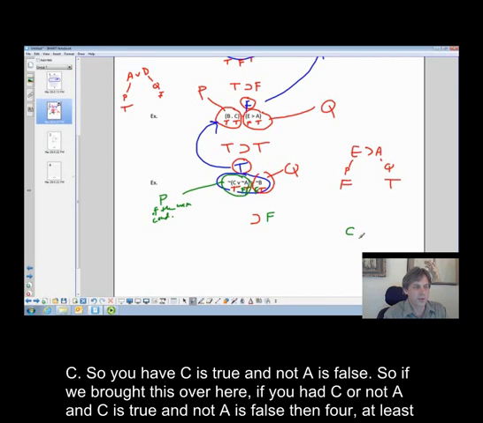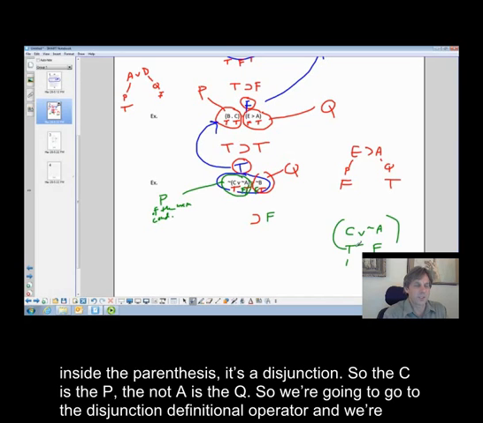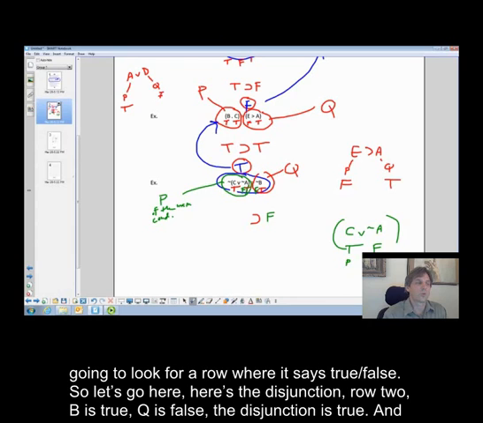And C. So you have C is true and not A is false. So if we brought this over here, if you had C or not A, and C is true, and not A is false, then at least inside the parentheses, it's a disjunction, right? So the C is the P, the not A is the Q. So we're going to go to the disjunction definitional operator, and we're going to look for a row where it says true, false.